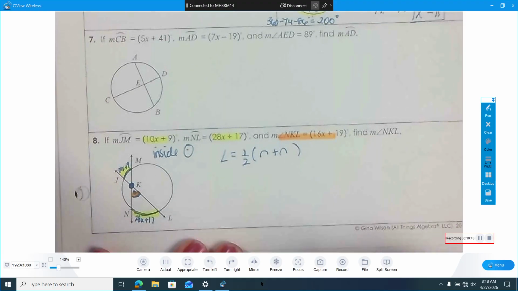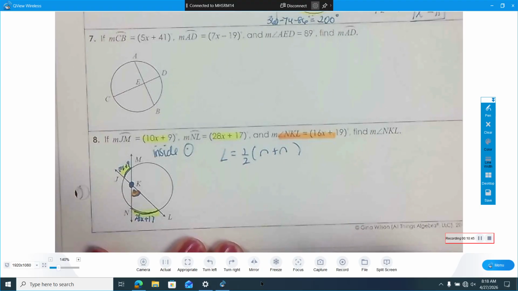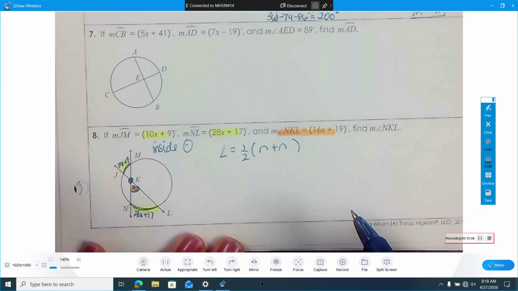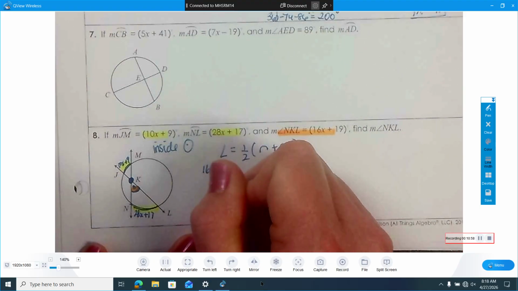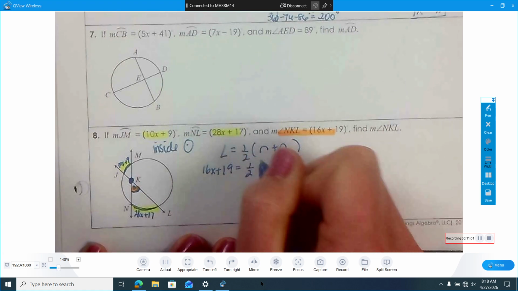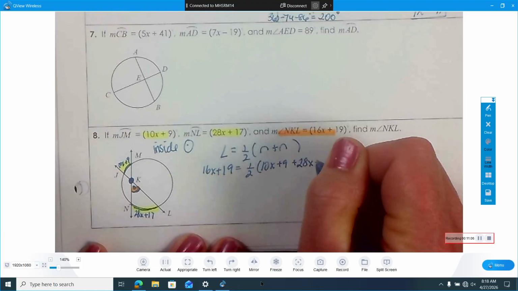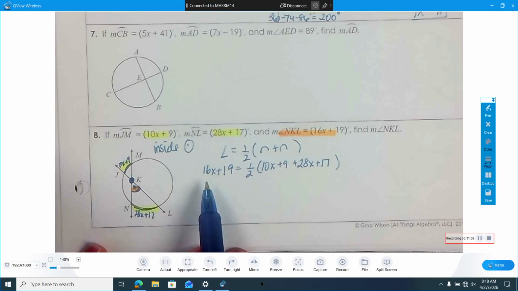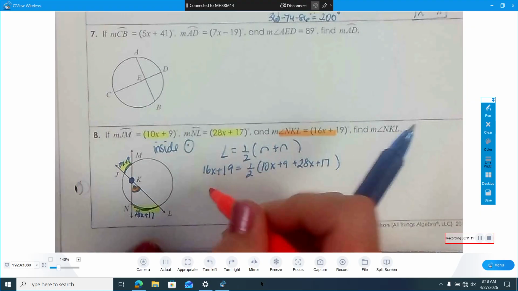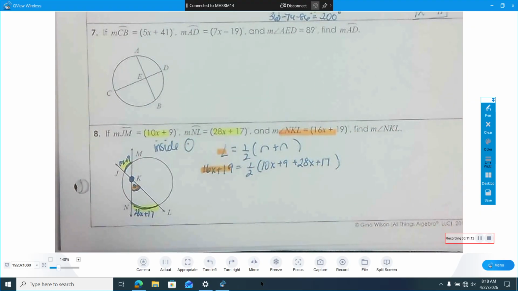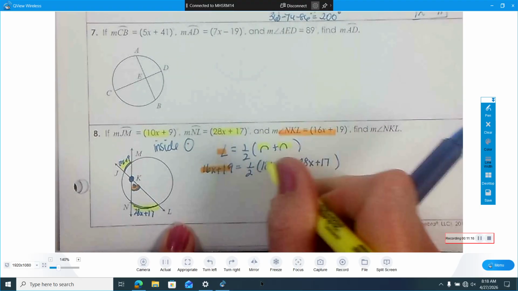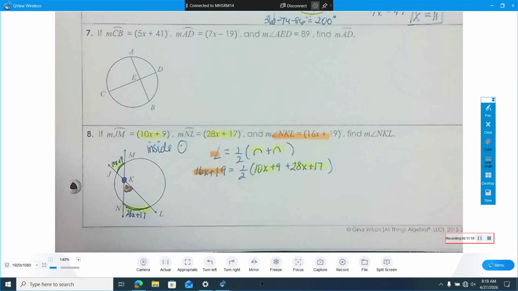All right, so what's my setup going to be? Yep. So our angle in orange equals half of arc plus arc, and those are our two arcs that we added together.